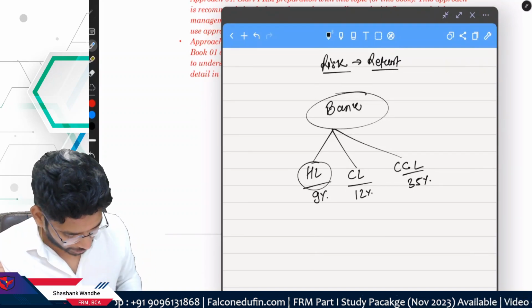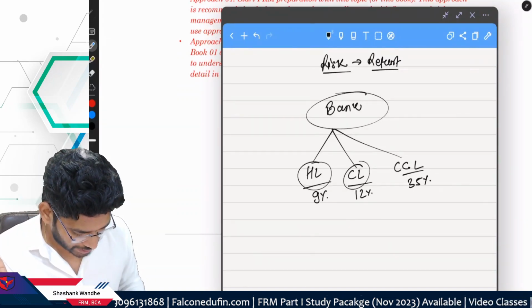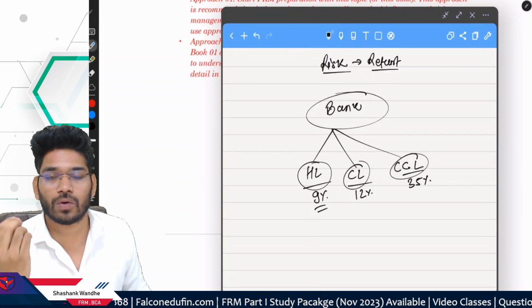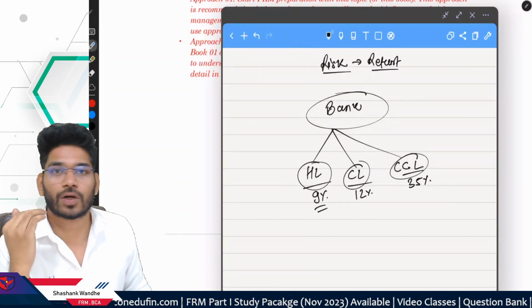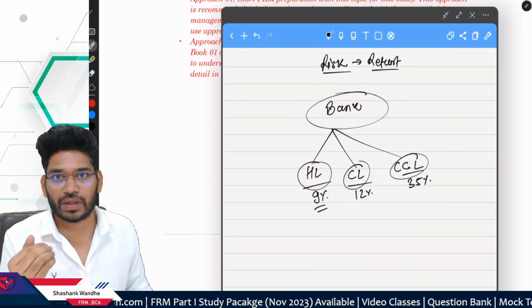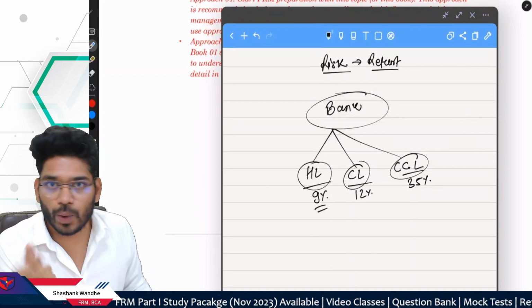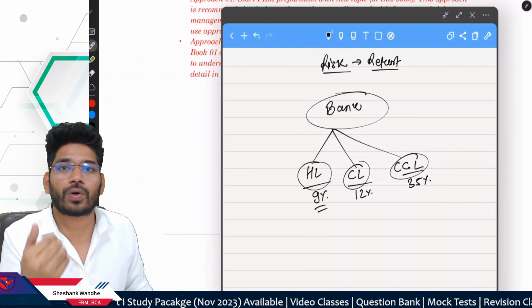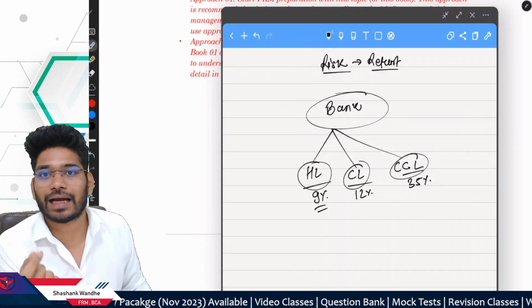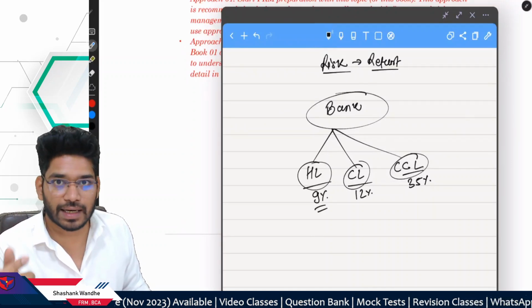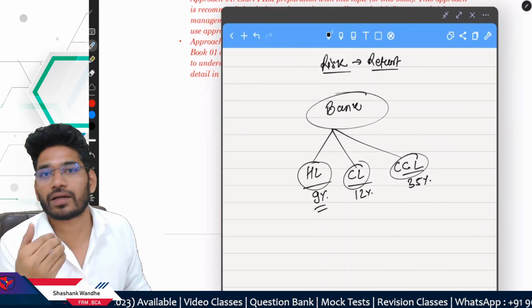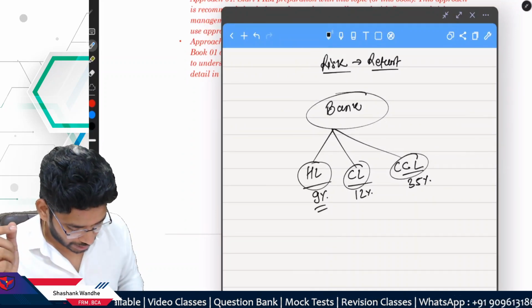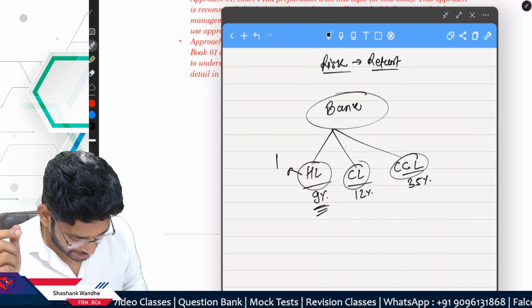Here, when bank charges 9% on home loan, the reason is very simple. Because the house is mortgaged with the bank, and if the borrower who borrowed the home loan defaults, in that particular case, bank can sell his asset, that is the house, and bank can recover their money. And that's the reason bank is taking less risk here.